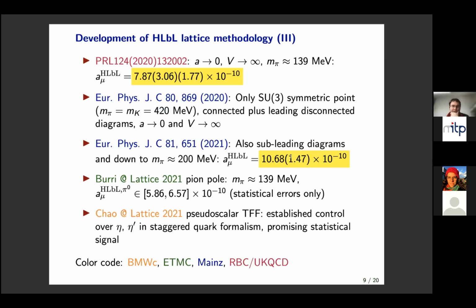I'll talk a little bit more about these results and the current status and how to move forward in the following slides.